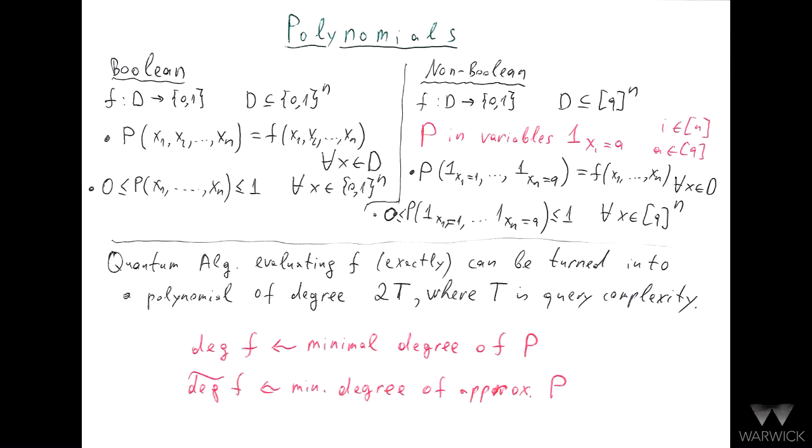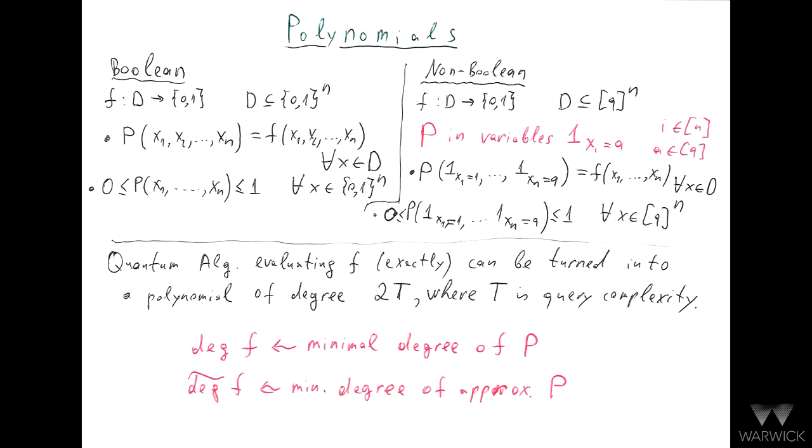The non-Boolean case is similar. Now we have D as a subset of strings over some alphabet Q. At first glance it's not clear how to go to real in this case, but the idea is again to go to the Boolean case. We consider a large number of variables.